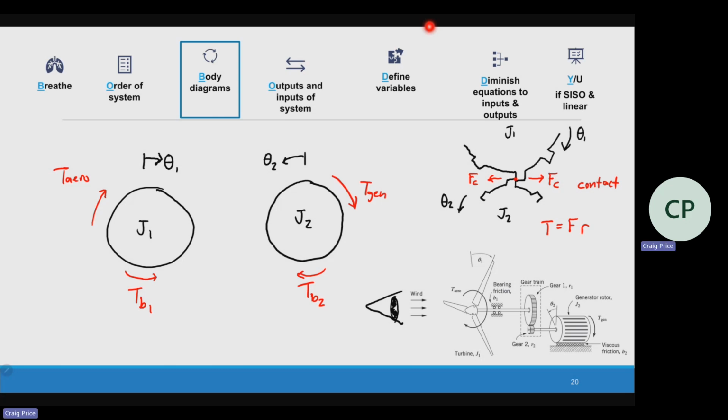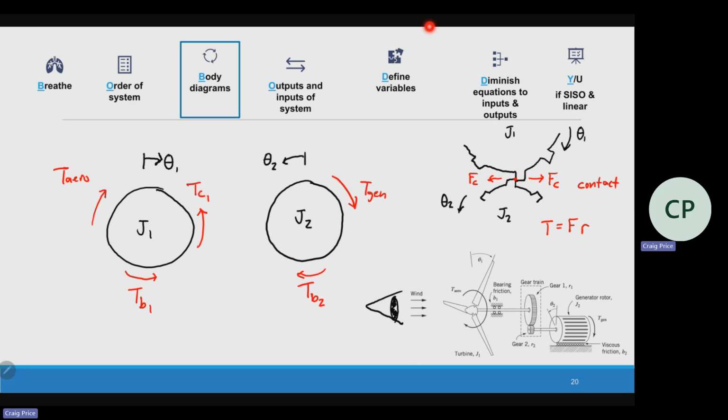Questions? Oh, wait, we haven't put it on our diagram. How would we put this on our diagram? Which way is the contact torque going to be acting on J1? It tries to spin, it runs into that smaller gear tooth. It's going to be resisting the positive motion. And so therefore, we're going to have a contact torque like this.